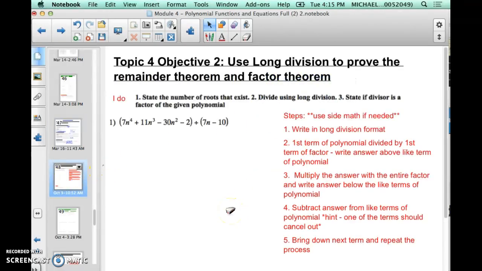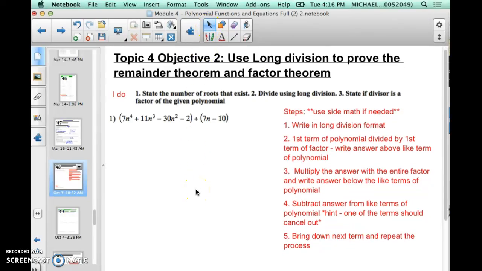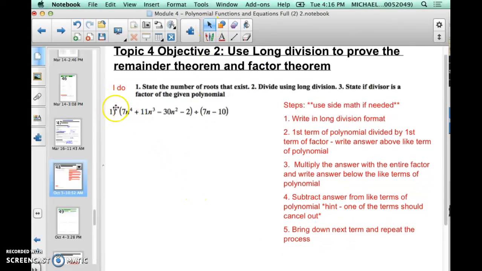This is what you're going to do in the next video, but I just want to put these thought processes into play. If I'm presented with this problem, number 1, it gives me a big polynomial, 7n to the 4th plus 11n cubed minus 30n squared minus 2, and they're asking you to divide 7n minus 10 out of it, all right?